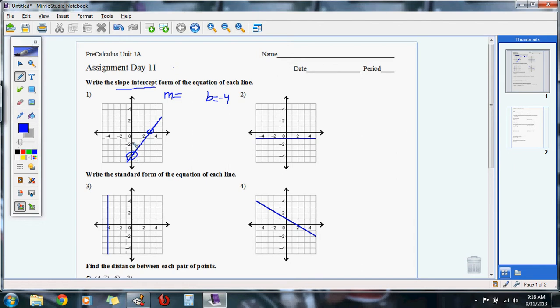So up 1, 2, 3, 4, over 1, 2, 3. My slope for this one is rise over run, 4/3. Since I have all the information I need, I can go to y equals 4/3 x minus 4. And that's what we call slope-intercept form.